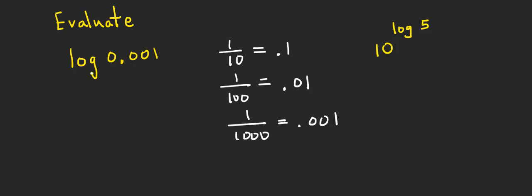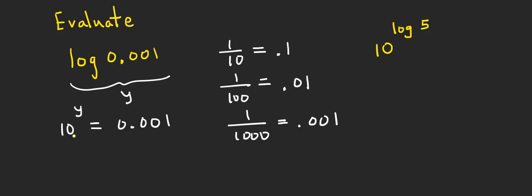Now, if you want to evaluate this, again, log is an exponent. So let's put that as y. This whole thing is y. So you get 10 to the y is equal to 0.001. Now, in order to solve for y, you need to have the same base. So let's change it: 10 to the y is equal to, now this thing is the same thing as 1 over 1,000.